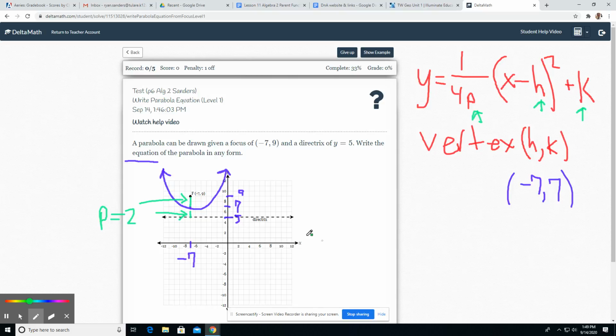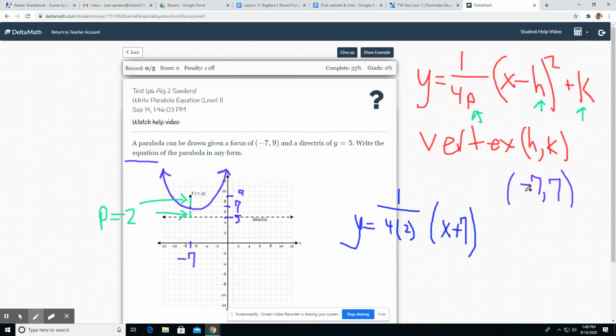So let's do blue. All right. So it's going to be y equals 1/4 times our p value is 2. And then our x minus whatever this number is. So the x value is -7. The trick is it's an opposite idea. So x plus 7.